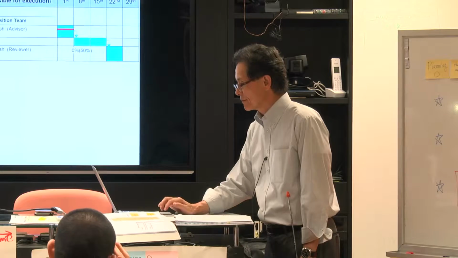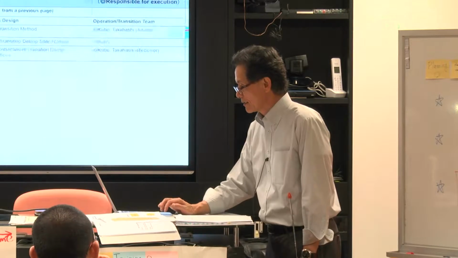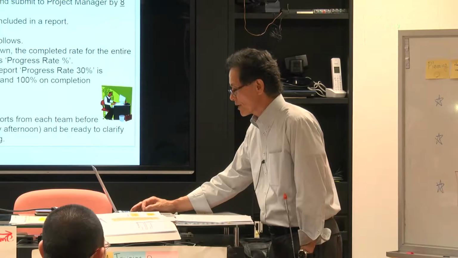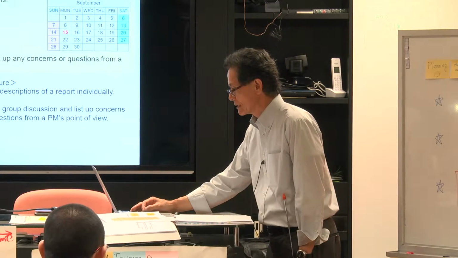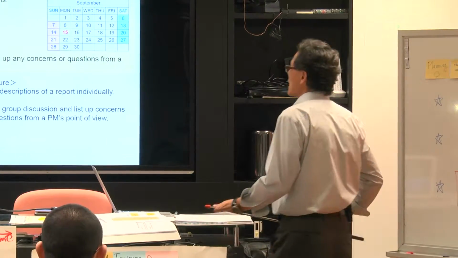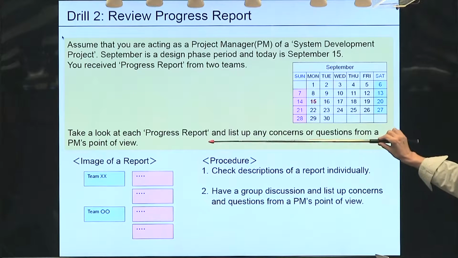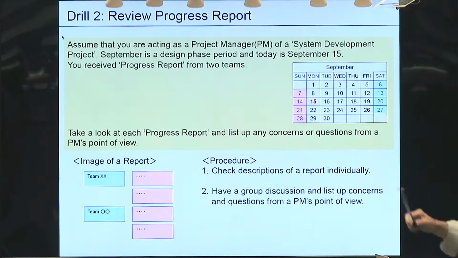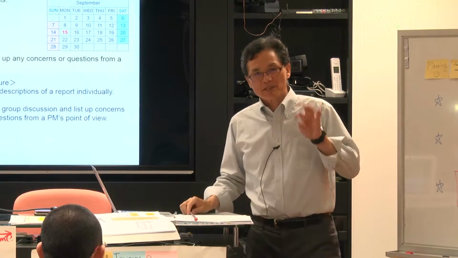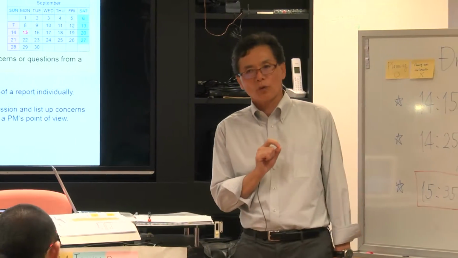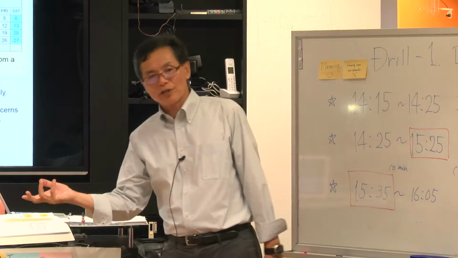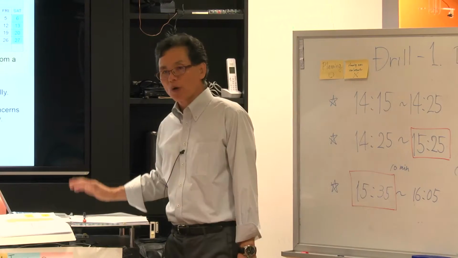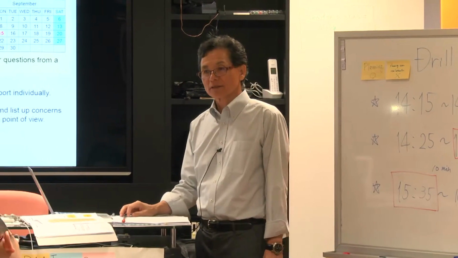So now, your assignment as a team, list up concerns or questions you like to ask to the team. You can pick up some doubtful information, or you can ask more information to make sure what this number means.